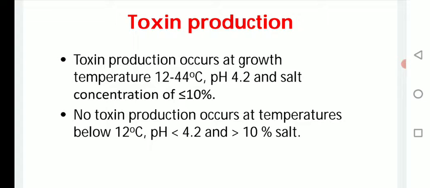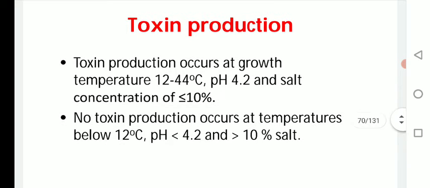So you can see toxin production occurs at the optimum growth temperature, that is between 12 to 44 degrees Celsius, and the pH for toxin production is 4.2, and the salt concentration needed for toxin production is less than or equal to 10%.